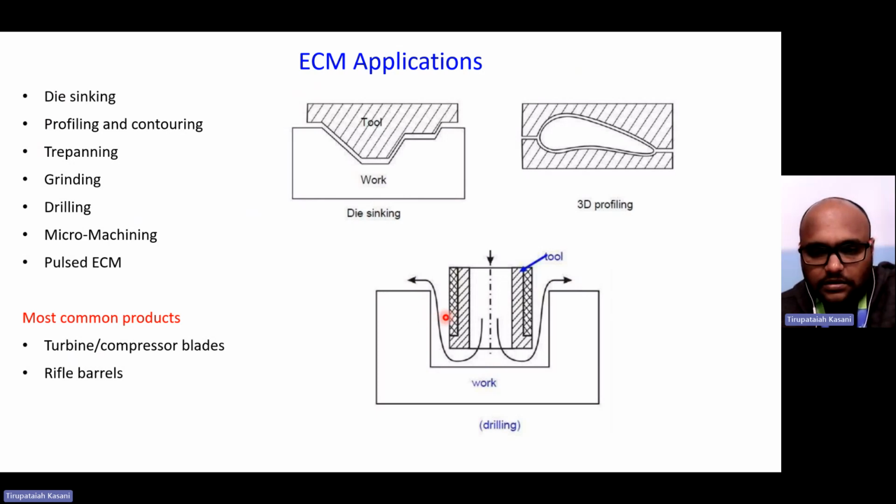But from the tool, the material removal is not required. The material removed from the workpiece is required. That is the reason why, to protect the tool in this portion, we are providing a resistive or mask medium, which protects the tool from reacting with the electrolyte. See here, these are the two components.